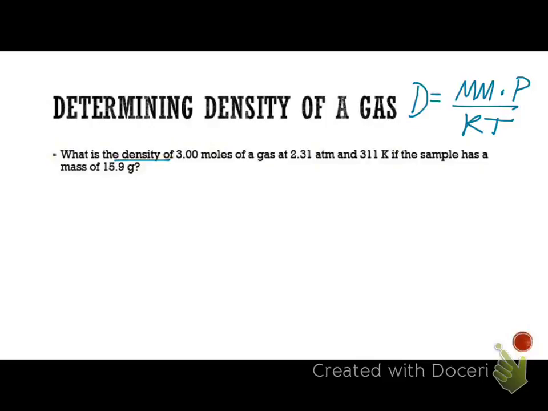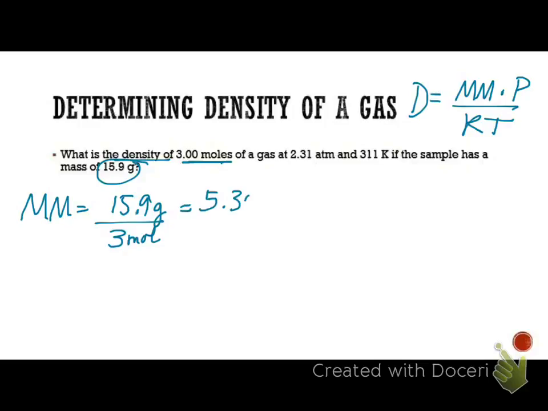I do not. But what do I have? I have grams and I have moles. So I can say molar mass is equal to 15.9 grams divided by 3 moles, which gives me 5.30 grams per mole.